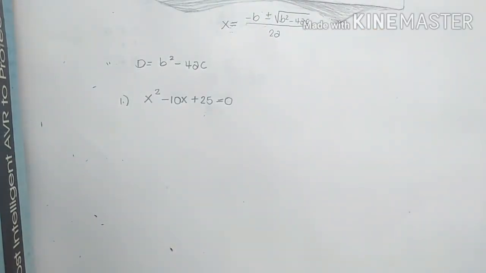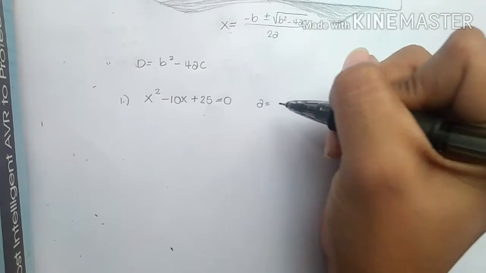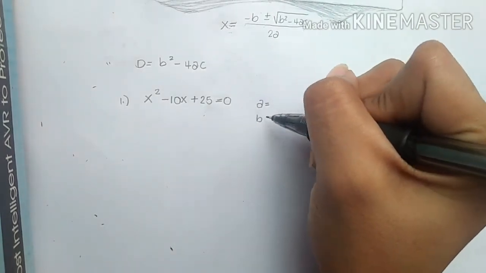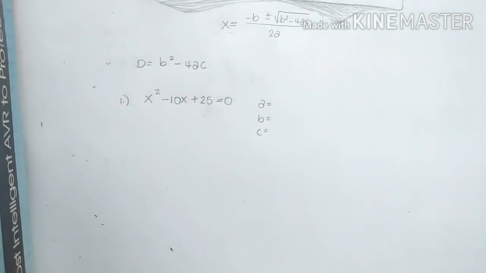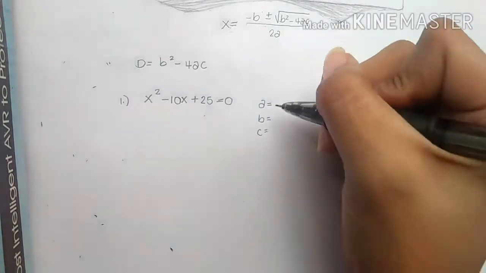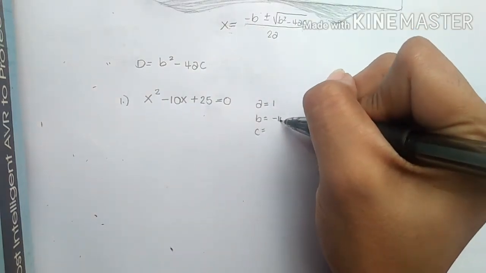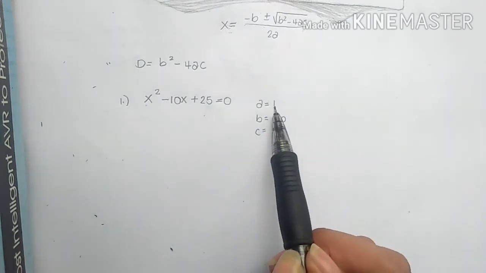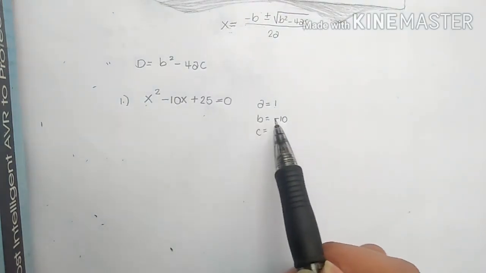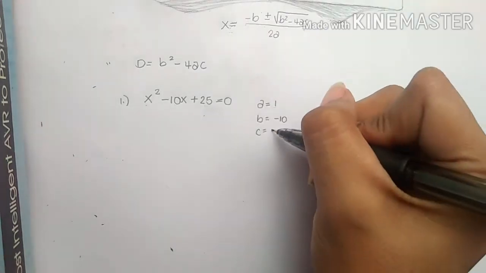The very first thing to do is to identify your A, B, and C. What is our A? A is 1. Our B is negative 10. Remember, A is the coefficient of the quadratic term, and for B, don't forget the sign. Then our C is the constant, so that's 25.